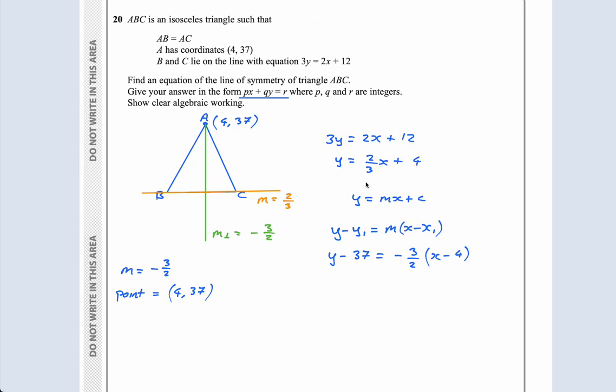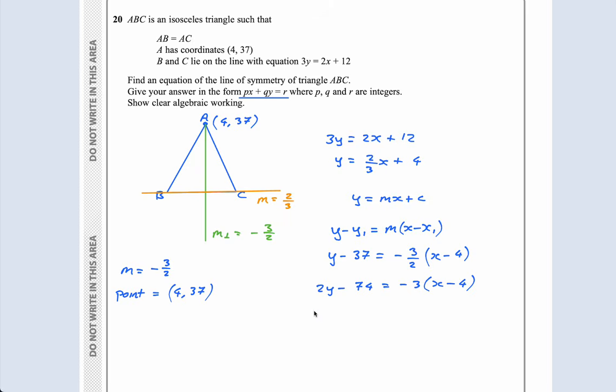That's the answer. Anyway, p, q, and r are integers, which means they're whole numbers, so I can't have this 3 over 2. So the first thing I'm going to do is multiply both sides by 2, which will give me 2y minus 74 equals minus 3 into x minus 4, because I multiply across by 2, this 2 cancels.